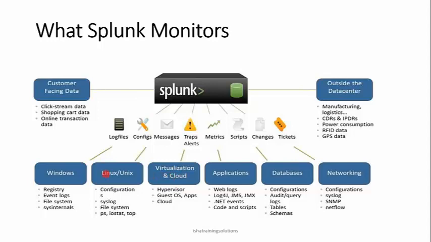For a production support person, they will monitor Windows, Linux, as well as the hypervisor which holds the guest operating systems. And when it comes to applications, we will have different types of applications, and these can be monitored. It can monitor the database, tables, logs, audit, and even the routers as well.